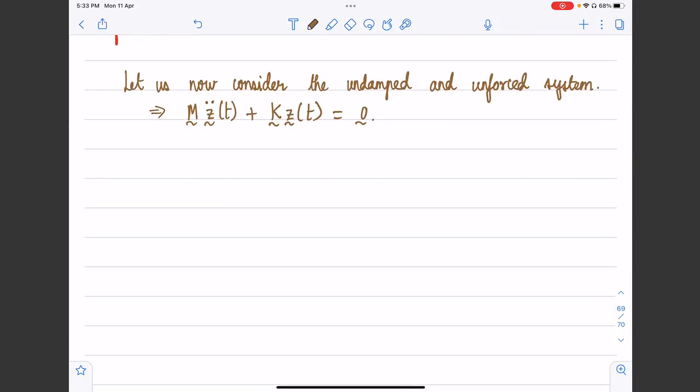It so turns out that this is a result. I'm not going to prove this. So how do we get the natural frequencies of a multi-degree of freedom system?